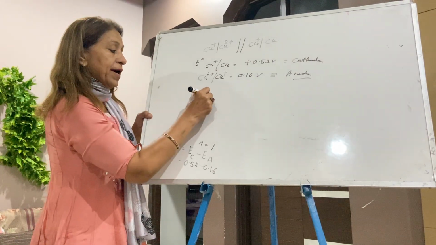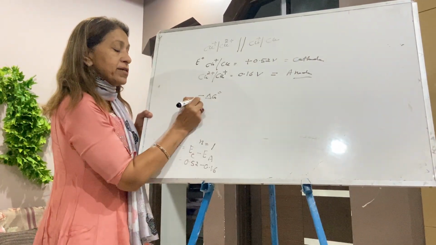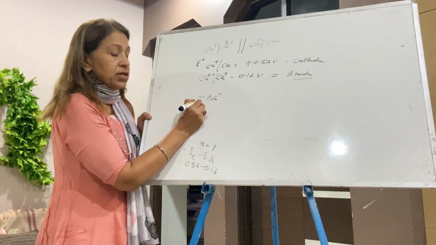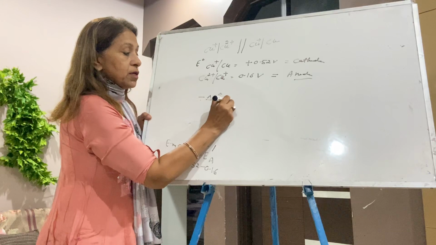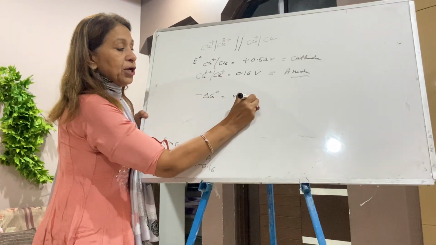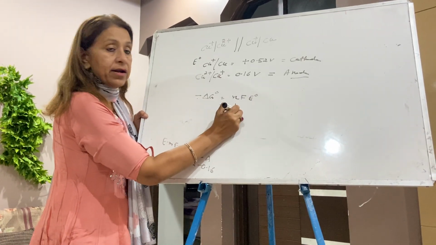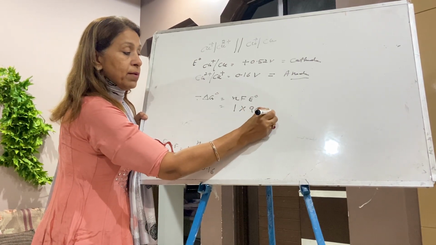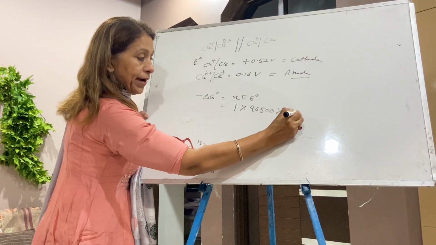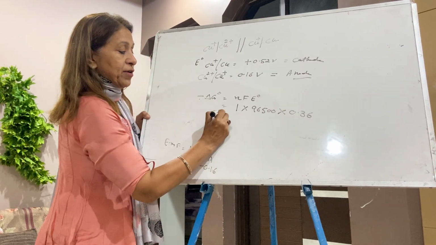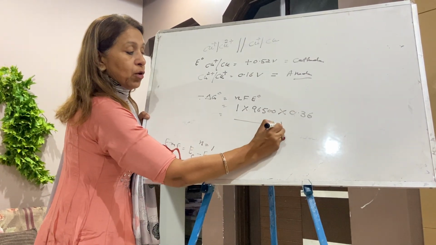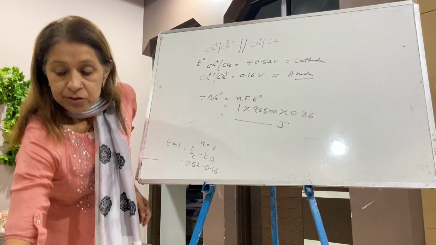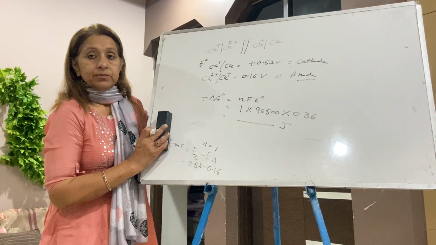The formula is minus delta G naught; this minus stands for just a decrease, mathematically. A decrease in free energy is equal to nFE naught. n is 1 mole, Faraday is 96500 coulombs, and E naught is 0.36 after subtraction. Your answer will come in joules. Remember, energy is in joules. So this gets over question number 1 of the same topic.